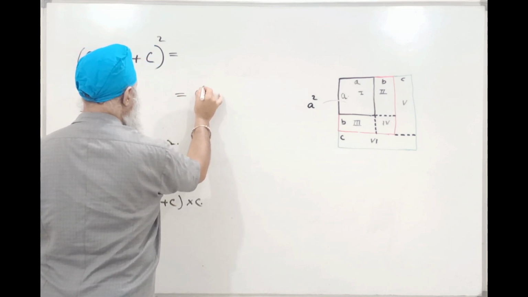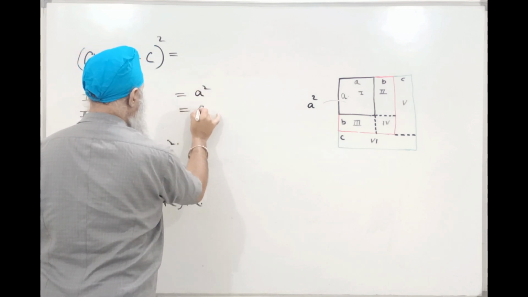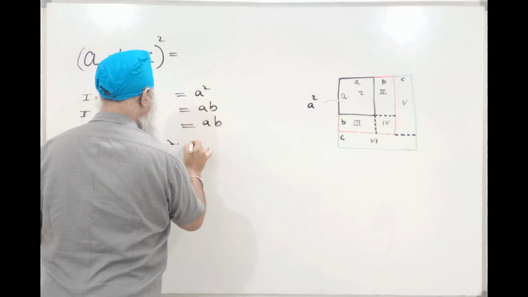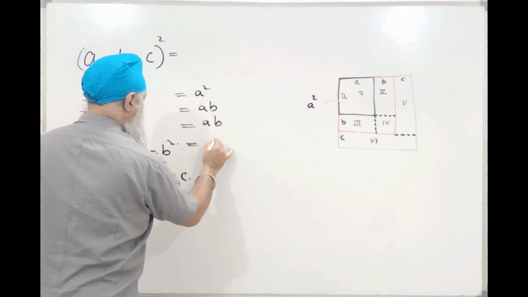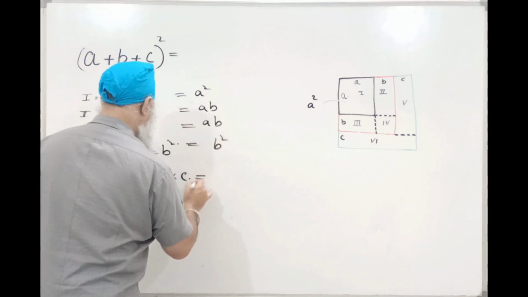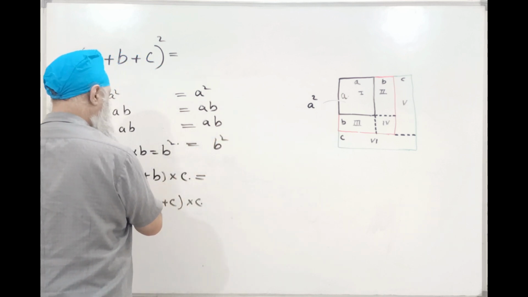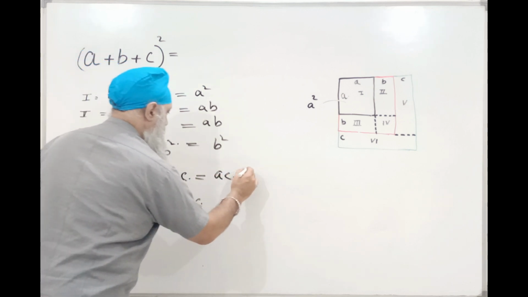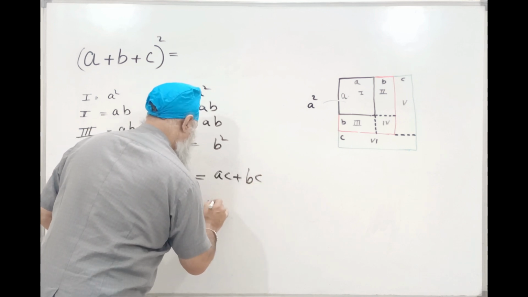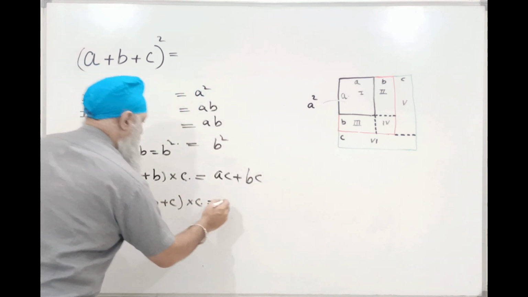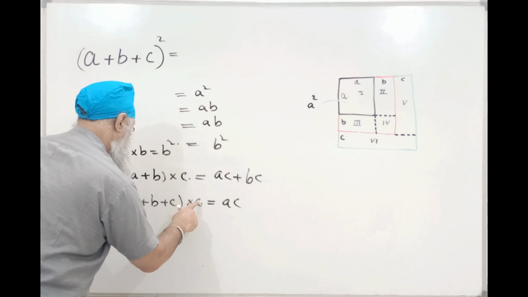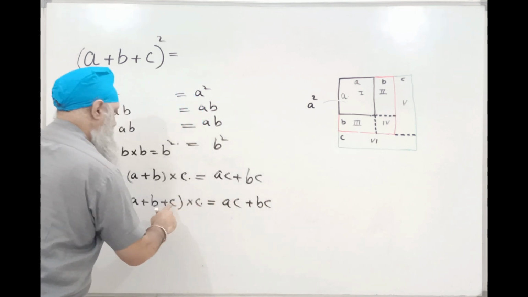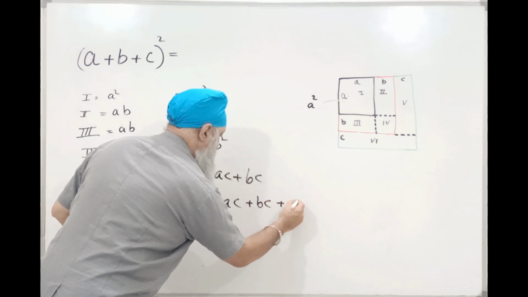So that is area A square, that is AB, and that is also AB, and that area is B square. And the next one is C multiplied with A, that is AC, plus C multiplied with B, that is BC, and C multiplied with A is AC, and C multiplied with B is BC, and C multiplied with C is C square.